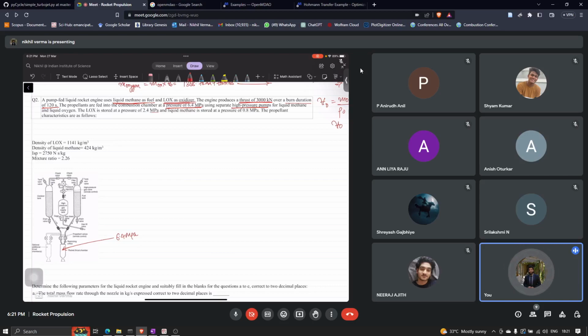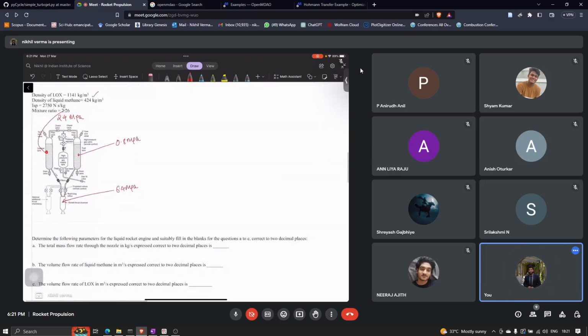It is given that oxygen is stored in tanks at a pressure of 2.5 megapascals, and methane is stored at 0.8 megapascals.